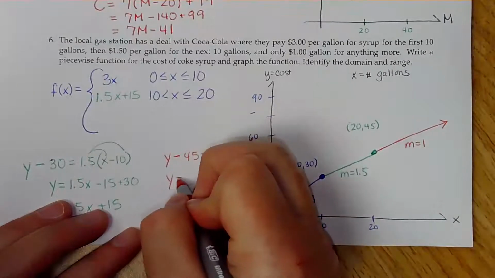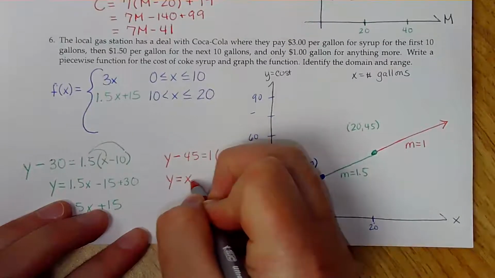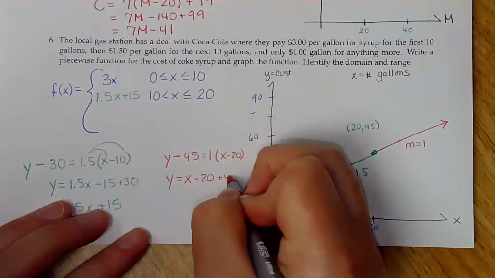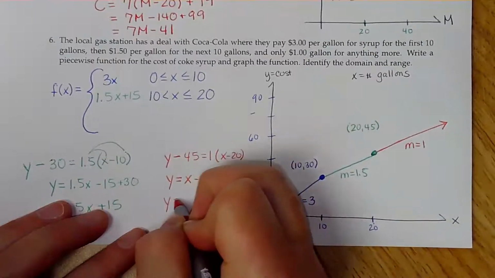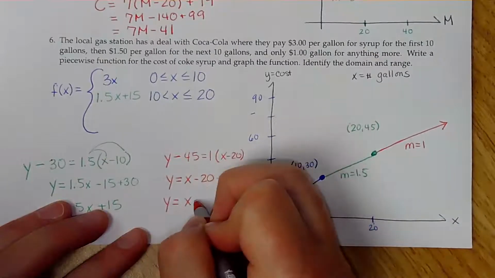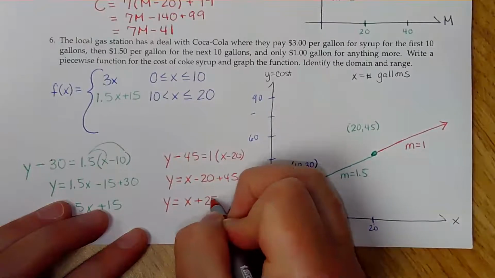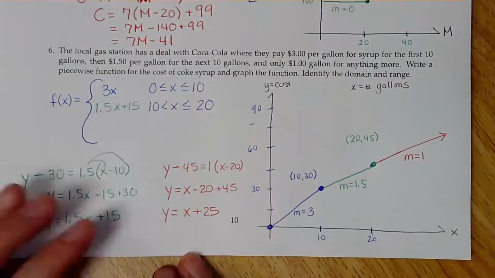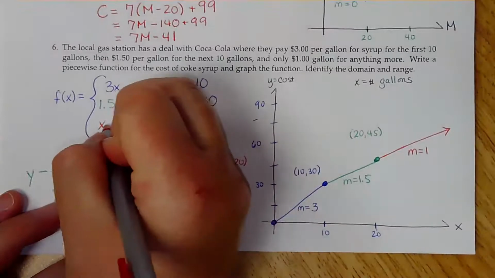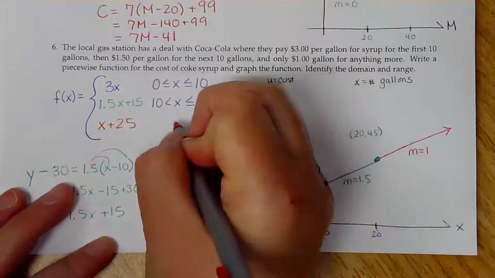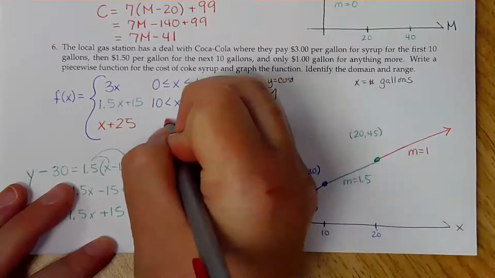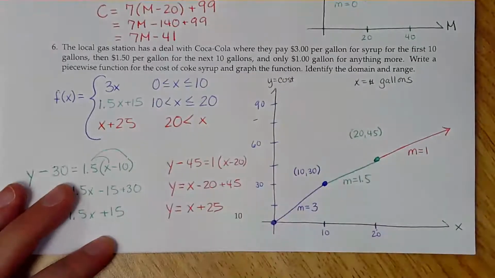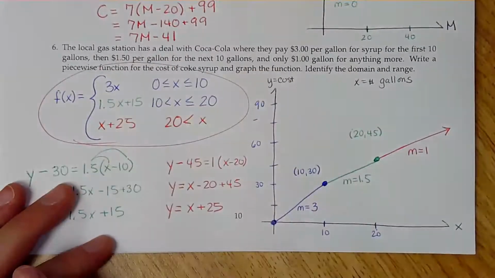So y is equal to x minus 20 plus 45, which gives me y is equal to x plus 25. So I'll put my x plus 25 here, and that is going to be for anything over 20 gallons. All right, so there is my piecewise function.